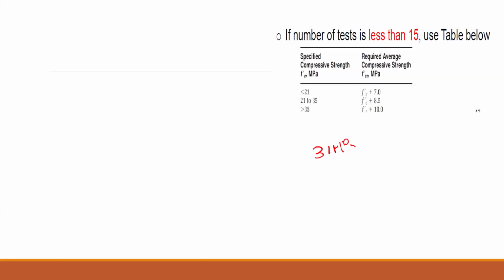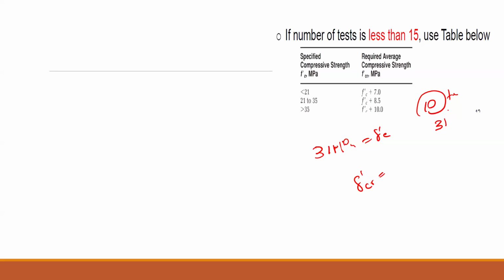And let's say we have a plant with 10 tests. Can you find me the required average strength if you have 10 tests and we already know f'c is 31 megapascals? So can you tell me what is f'cr?